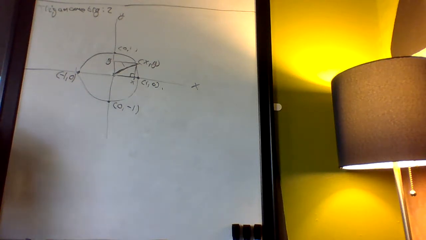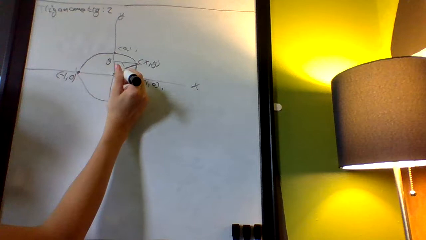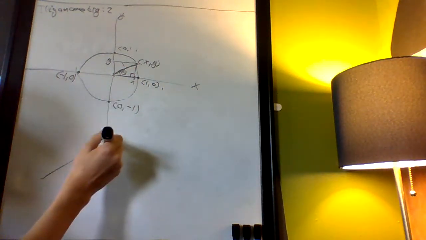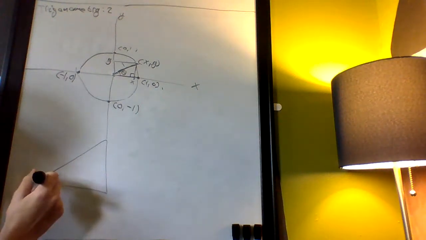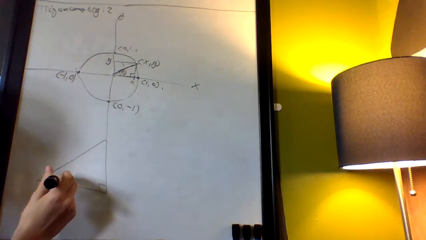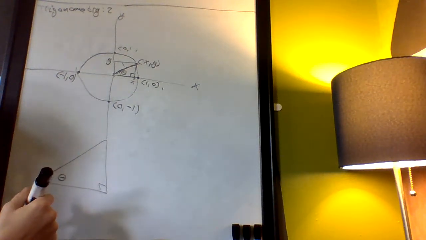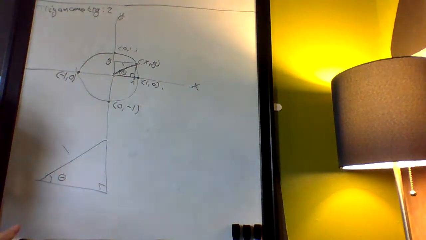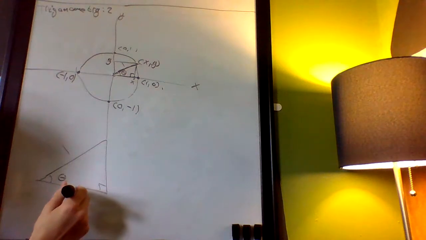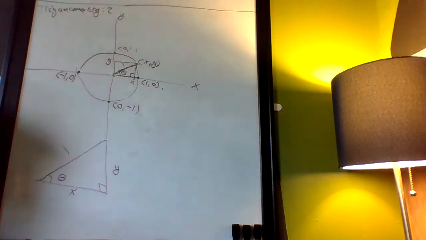Okay, what are the values of this? Well, say this is at an angle theta, like we did last time. We now have a right angle triangle with an angle theta right there, and with the hypotenuse 1. This distance is going to be your x coordinate, and this right here is going to be your y coordinate.